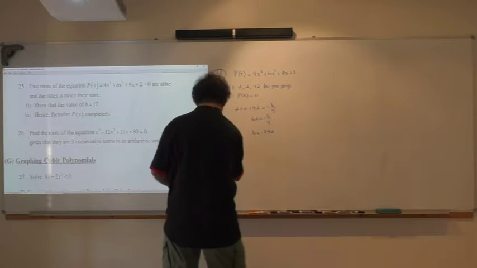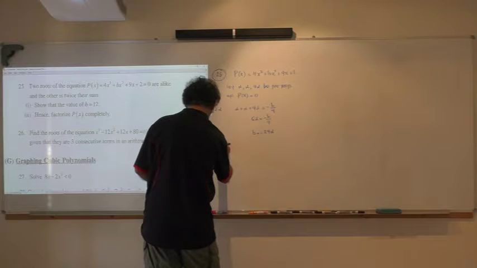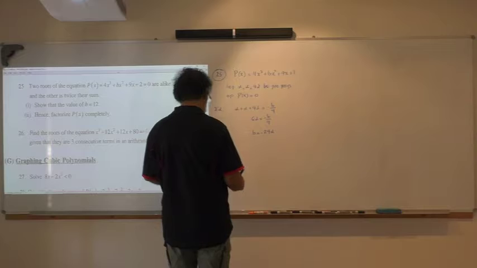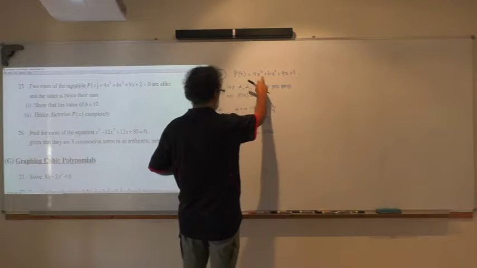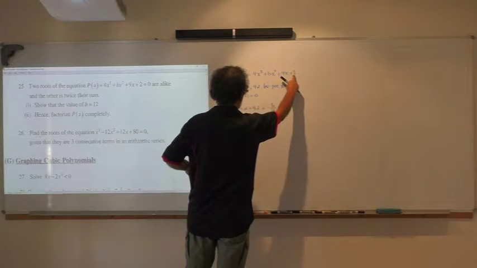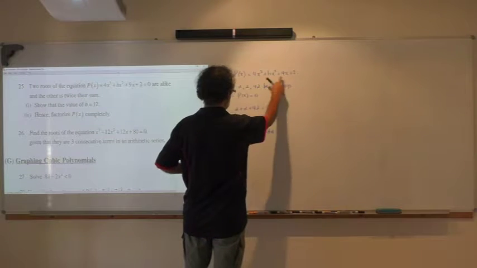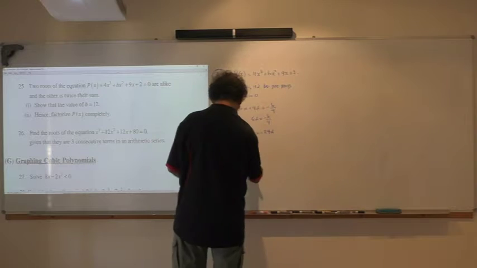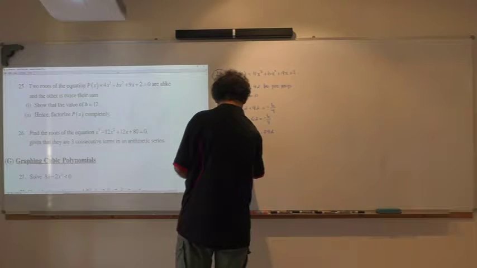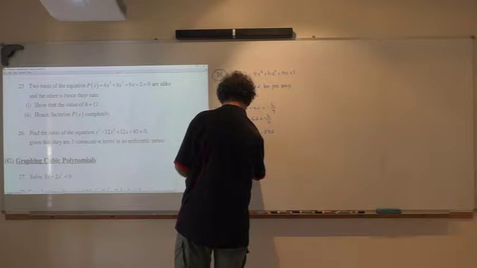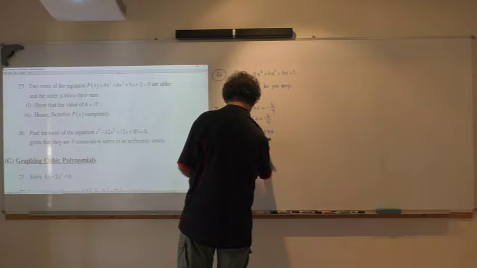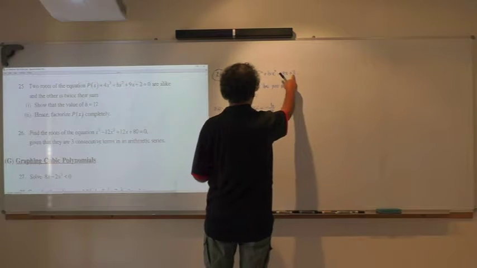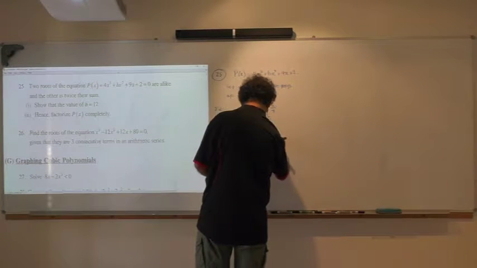When you multiply the roots together, the alpha, beta, gamma product, that is equal to negative d over a, which is negative 2 over 4. So we multiply alpha by alpha by 4 alpha, and that is equal to negative 2 over 4, which is negative half.